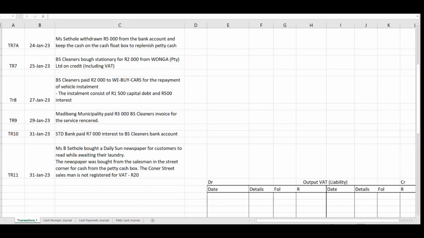When you are buying second hand qualifying goods from an unregistered person, you will be required to determine the VAT portion on that. But you will learn that in your third level. For now, let's keep it straightforward the way it is.